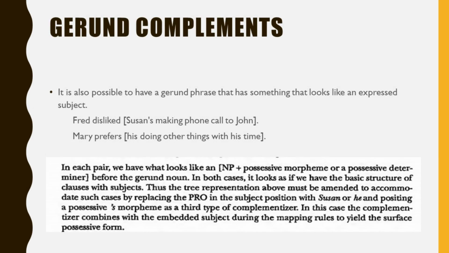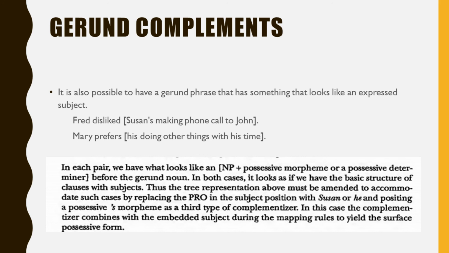It is possible to have a gerund phrase that has something that looks like an express subject, in which the logical PRO has been replaced in the subject position. For example, Fred disliked Susan's making phone calls to John. Mary prefers his doing other things with his time. The Susan's and his there have replaced the PRO in the subject position. In each pair, we have what looks like an NP plus possessive morpheme or a possessive determiner, which is the apostrophe s and the "his" before the gerund noun.